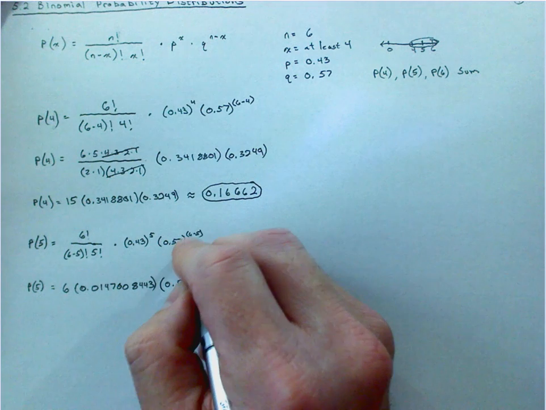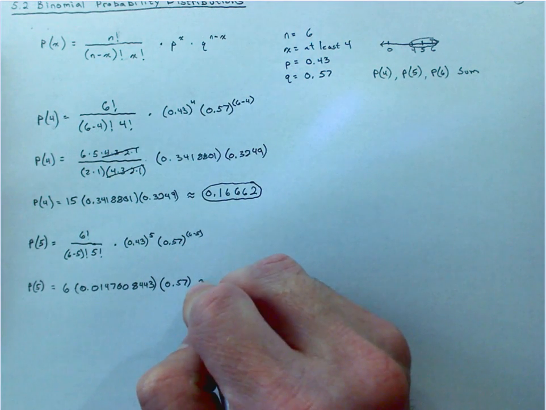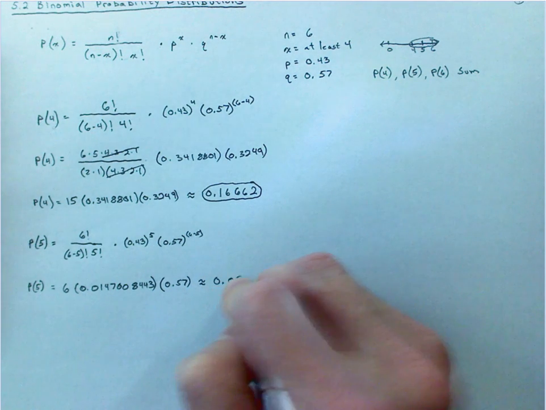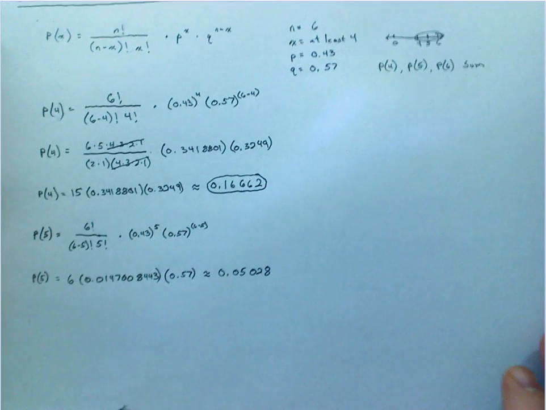Now I'm going to multiply the other terms, and again I will take it out to 5 decimal places. 0.05228, and I'm rounding up.